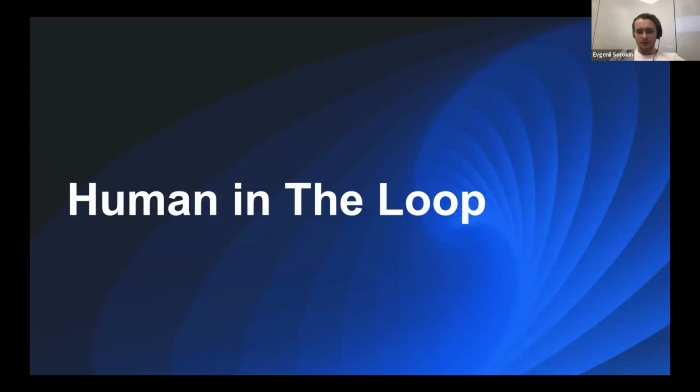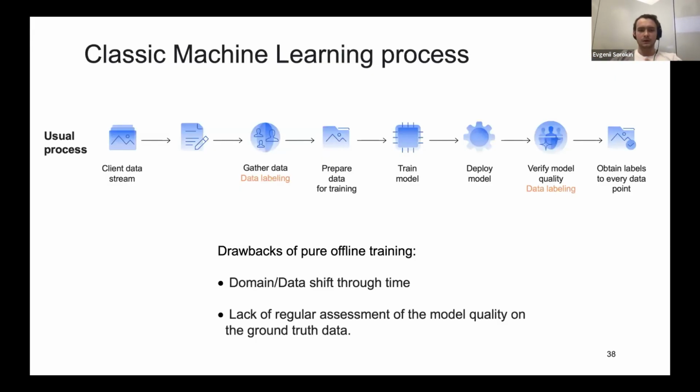Human in the loop process, and what is the difference, how inclusion of humans into the machine learning pipeline improves the quality of a model and so on. You see, the classic machine learning process looks like this. You collect your data offline and train the model.